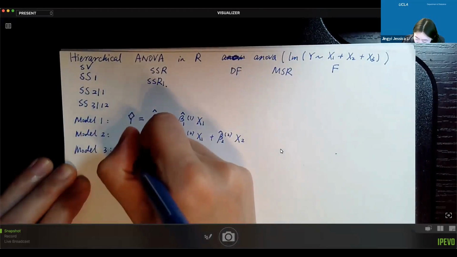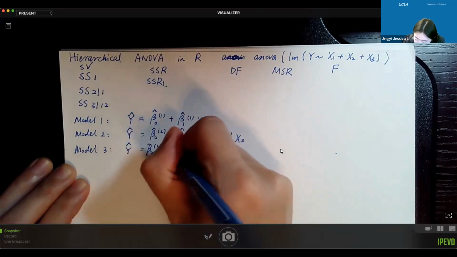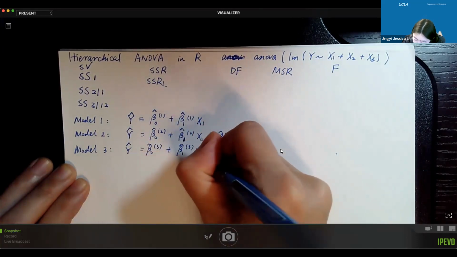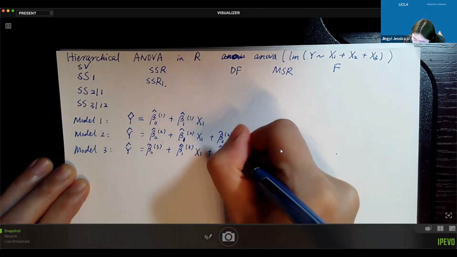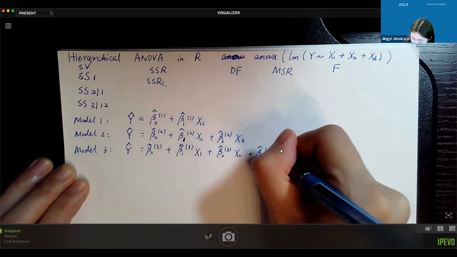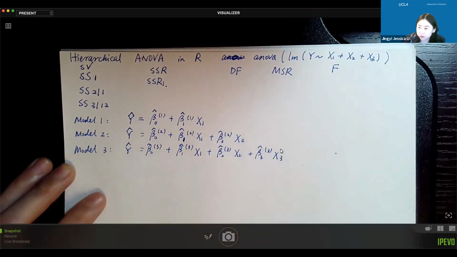I write it as y hat equals beta 0 hat 3 plus beta 1 hat 3 x1 plus beta 2 hat 3 x2 plus beta 3 hat 3 x3. So we will have the fitted coefficients for each of the 3 models.